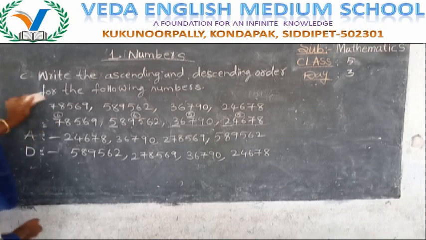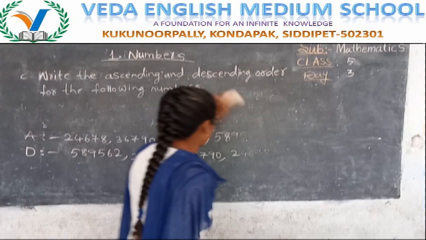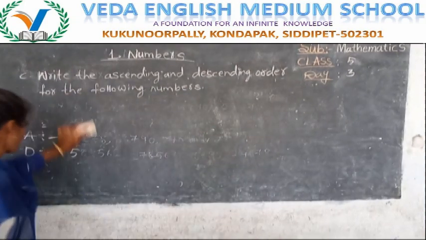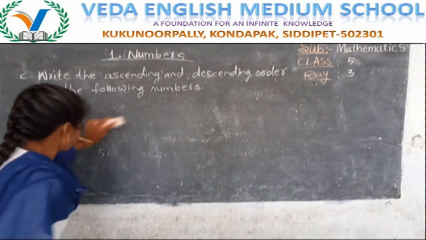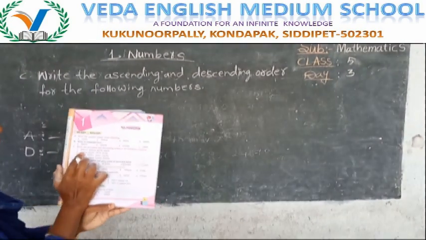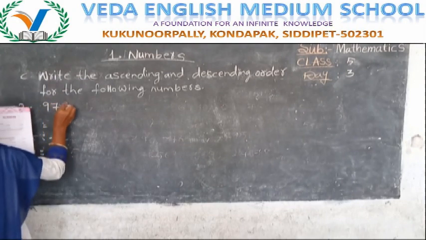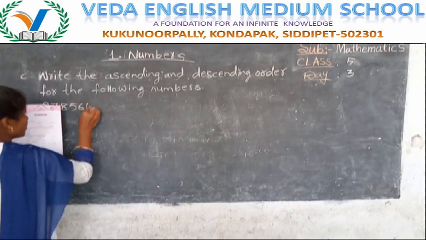Now second question. See in your textbook, second question. 9, 7, 8, 5, 6, 4.